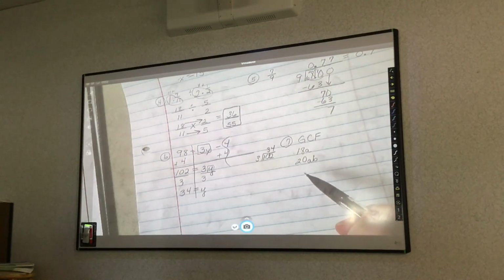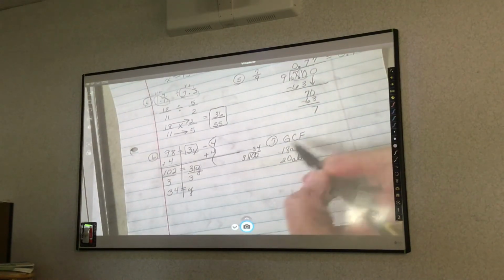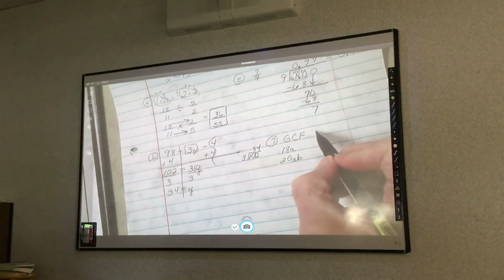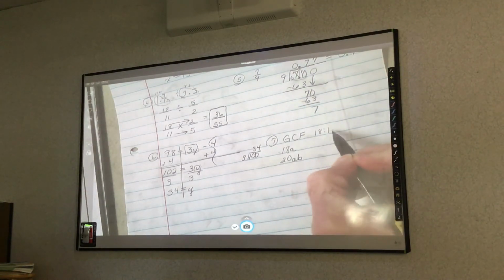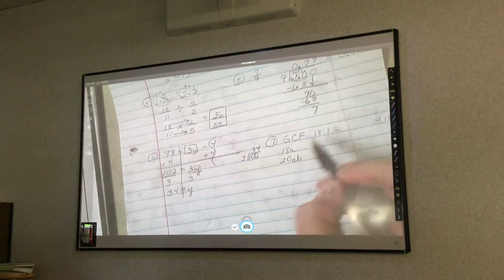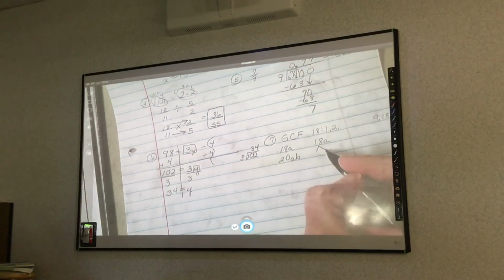When they start putting in letters, to find the greatest common factor of both, you want to take the number first. You know how when we found factors, we used to find factors of 18, like 1 and 18, 2 and 9, right? And we continued until we didn't have any more. We're going to take the 18A and find the prime factorization of it.